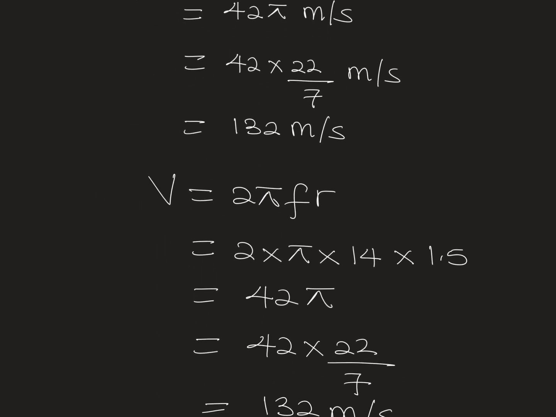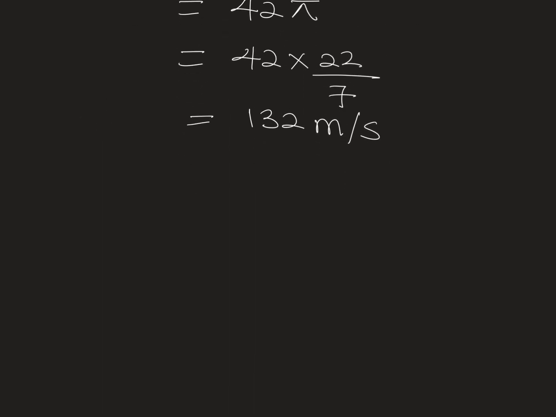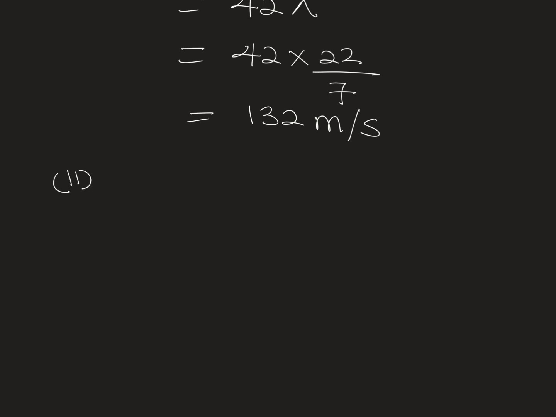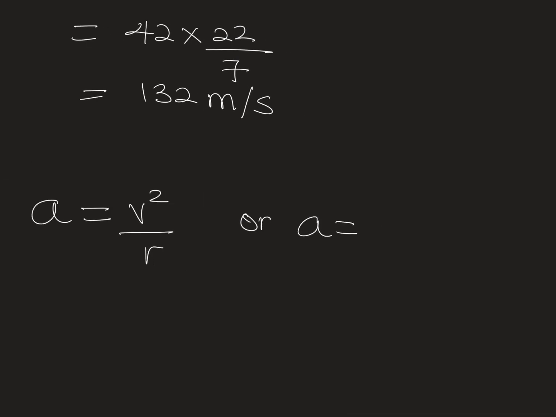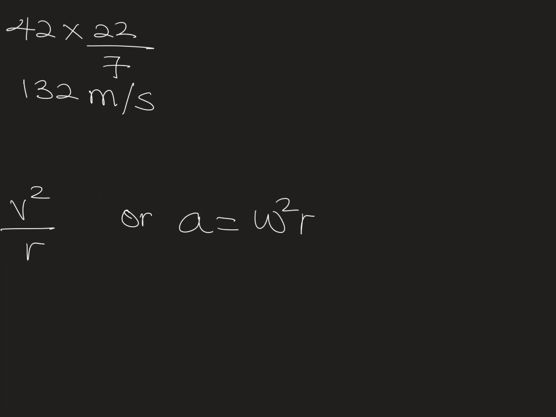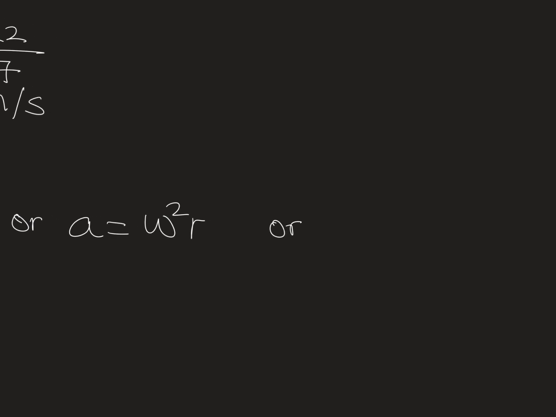Okay, so moving on to answer the second question, it wants us to find the centripetal acceleration. So we know that we can use acceleration is equal to v squared divided by r, or acceleration is equal to omega squared r, or acceleration is equal to omega multiplied by v.